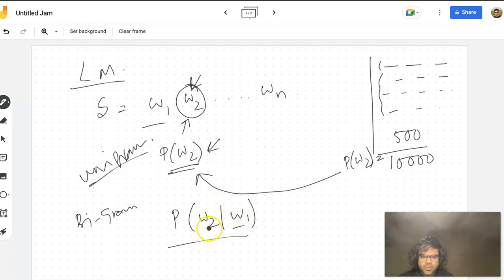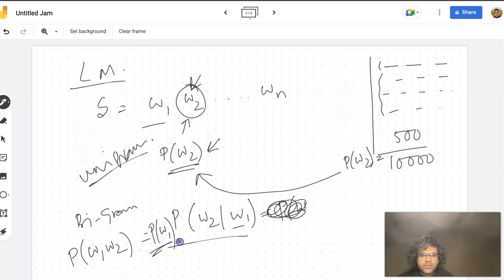If I go with the chain rule, what is the probability of the string w1, w2? First w1 has occurred, and then what is the probability of w2? This is the bigram idea.